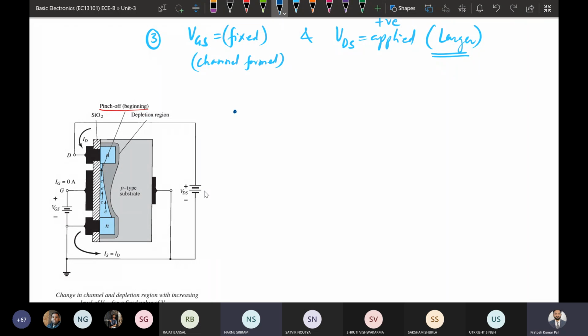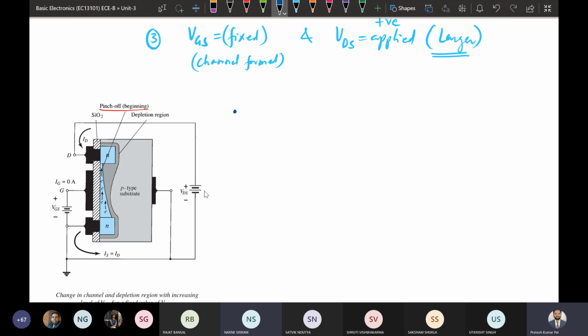At that time the gate to source voltage is fixed, and VDS we are increasing, so current will keep on increasing till the point called pinch off. At pinch off the channel is going to deplete, the channel is going to break. This is the point from which the current flowing between drain and source will be constant, it will not increase further as we increase the VDS.